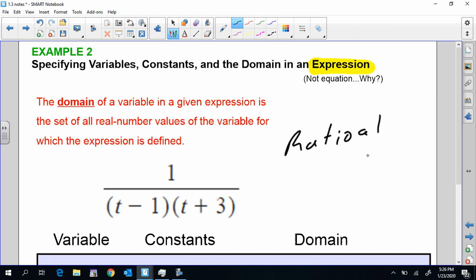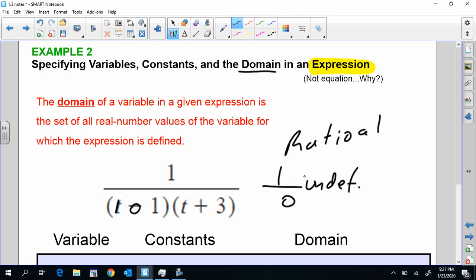If it's a rational expression, then we might end up with a domain issue, some things that are restricted. Most of you can spot the restrictions just by inspection, just by looking at it. Most of you realize that if I put t equals 1, 1 minus 1 is 0, 0 times whatever this is, which would be 4, gives you 0 in the denominator, and 1 over 0 is undefined.